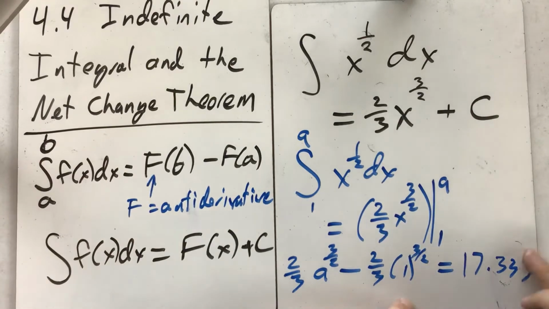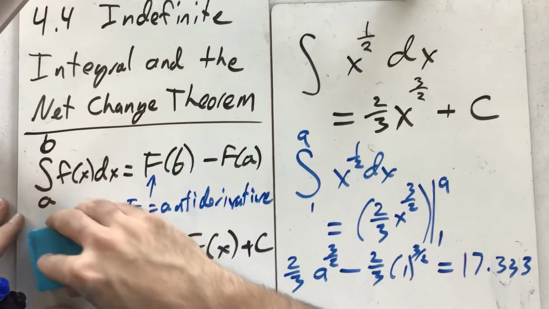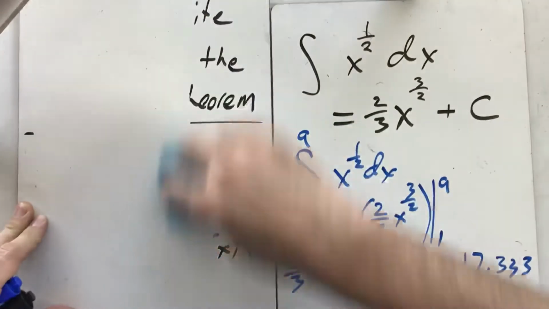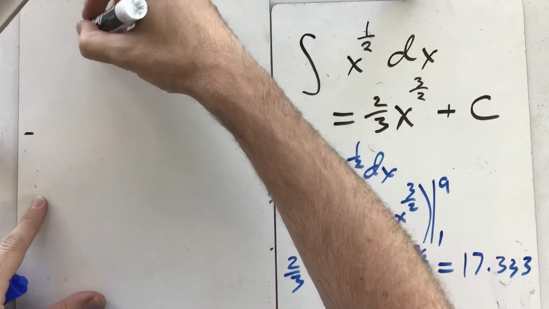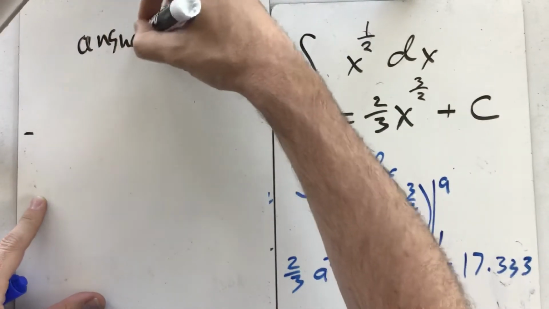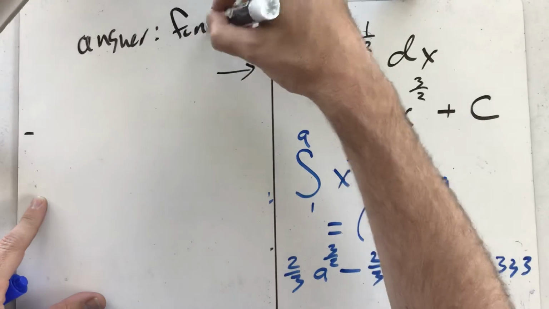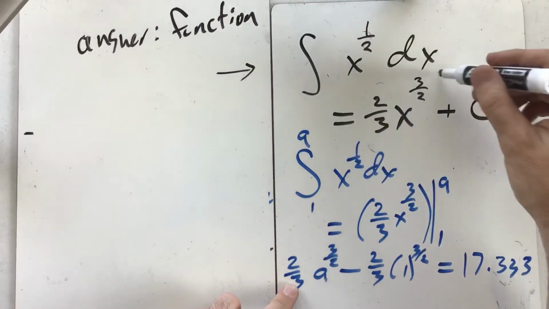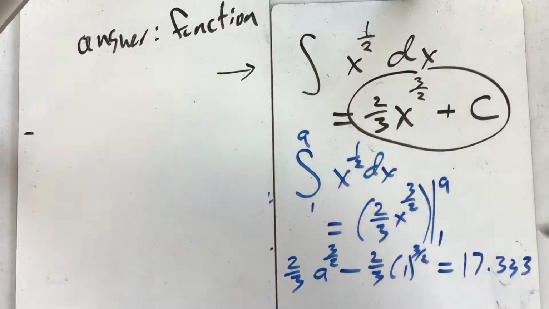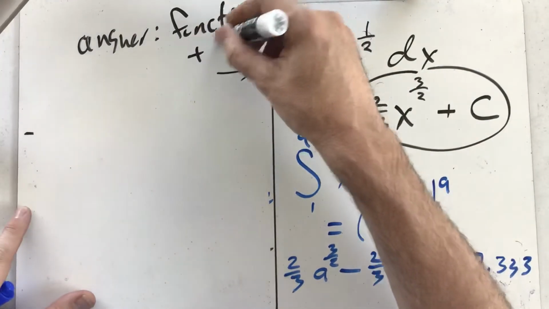You can kind of see right now the differences between the two problems. When I did this first problem, your answer is a function. When we ask you for the antiderivative, what we're looking for is something that has an x in it, and we also have a plus c.